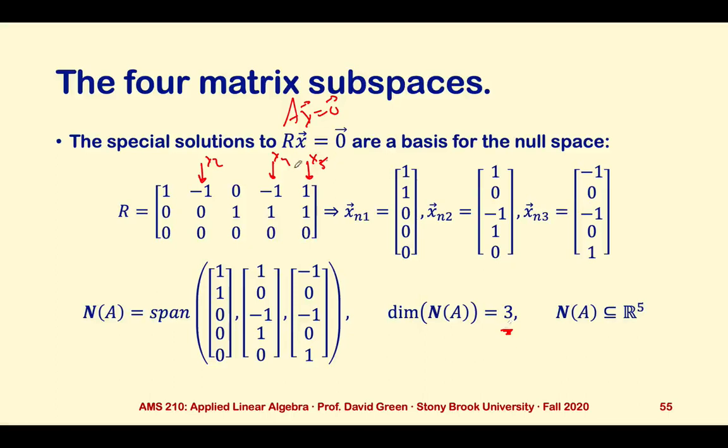We find those by, in turn, setting each free variable to 1 with the others equal to 0. So we start off with x2 being 1 and x4 and x5 being 0.